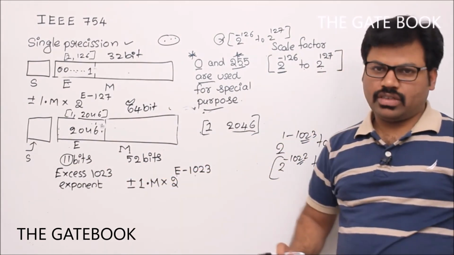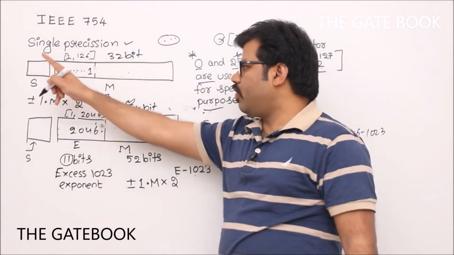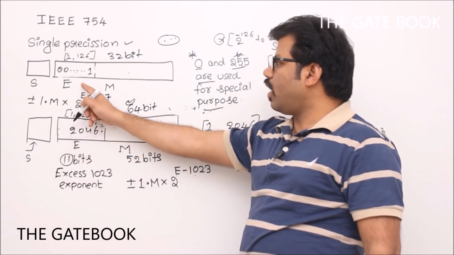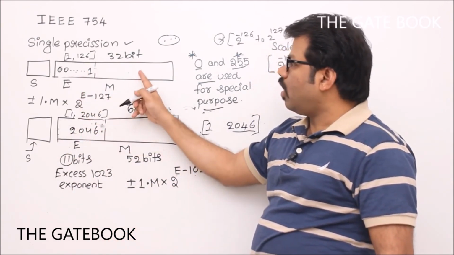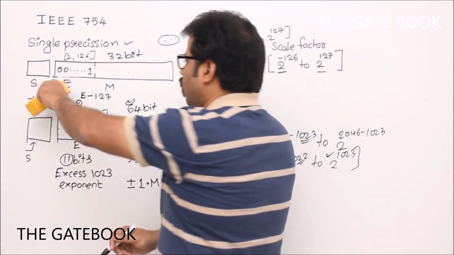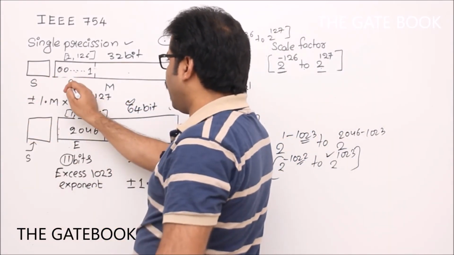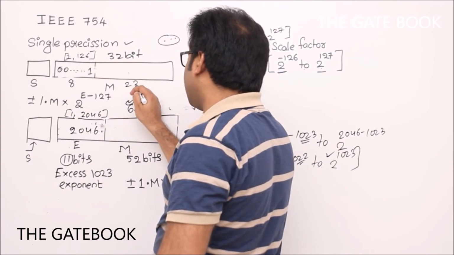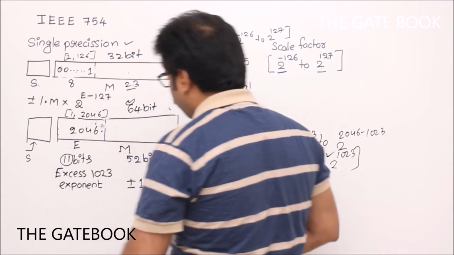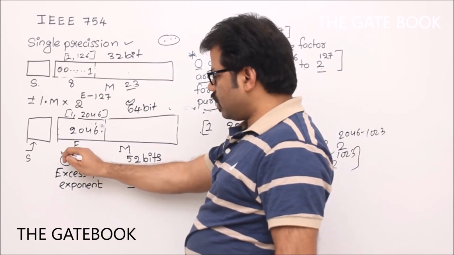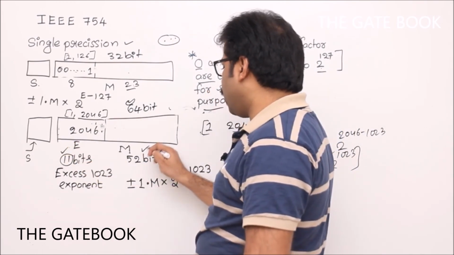So that is enough. That is about single precision and double precision. There is no difference. We have here 1 bit for sign, 1 bit for sign. Here you have 8 bits for exponent, 23 bits for mantissa. 23 plus 8, 31, 31 plus 1, 32. Here we have 11 bits of exponent, 52 bits for mantissa.